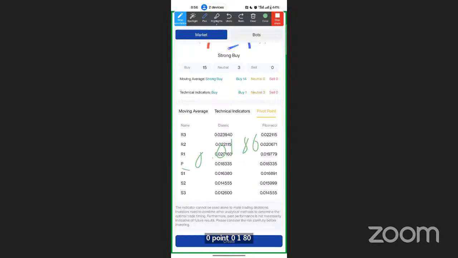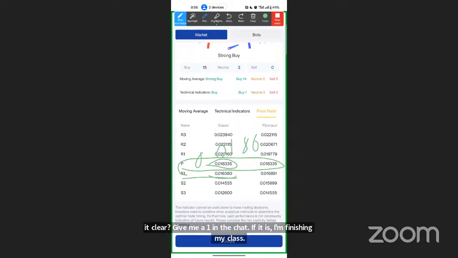Is it next to the pivot point? Is it above or is it below? Give me some answers. It is above support, but it has not yet reached the pivot. Is it clear? Give me a one in the chat if it is. I'm finishing my class. It is above support, going to pivot.